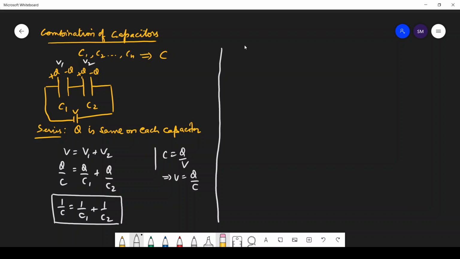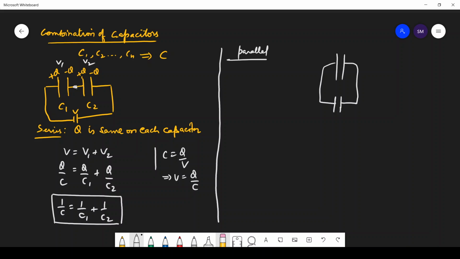Now the capacitors are connected in parallel. So we have these two capacitors. Friends, once again I am telling you what's the meaning of combining in series and combining in parallel. If only one of their terminals is connected, then it is considered as series, because at the other terminal there is a battery in between.